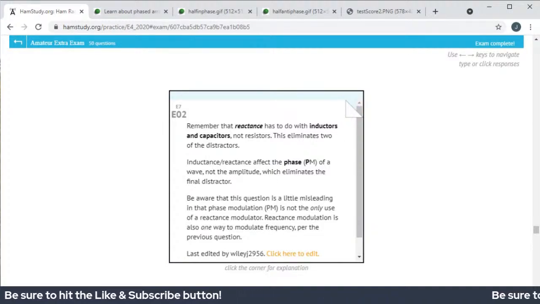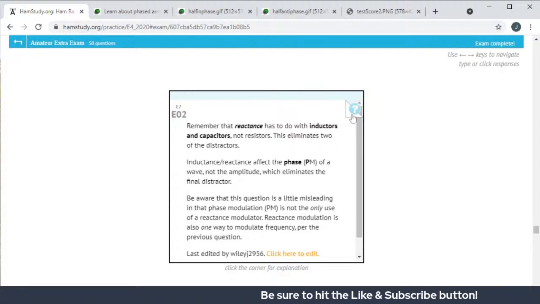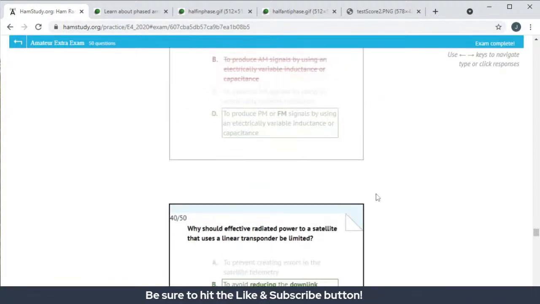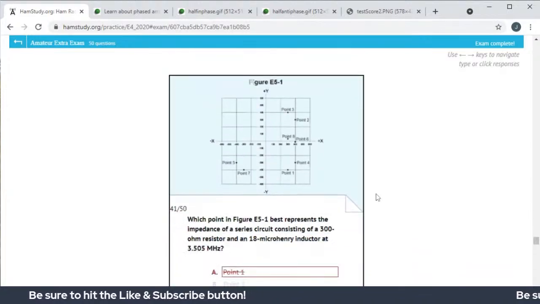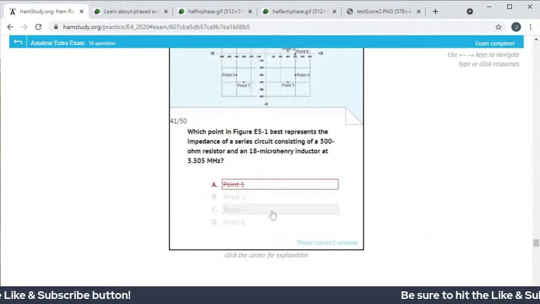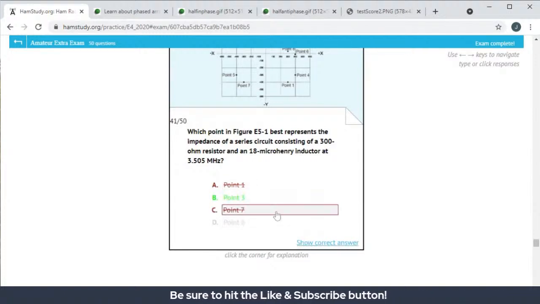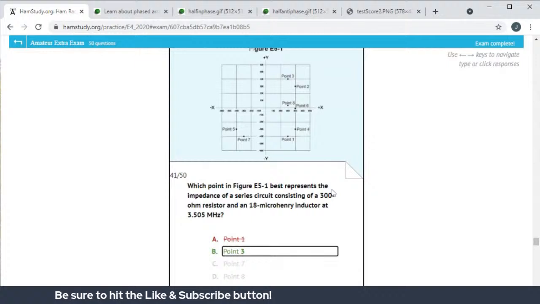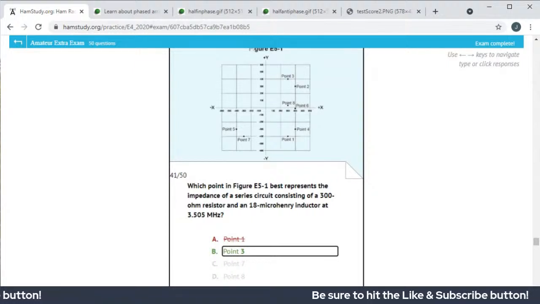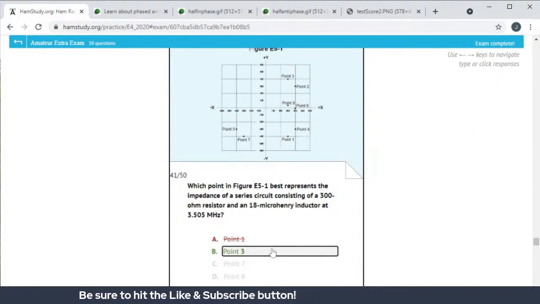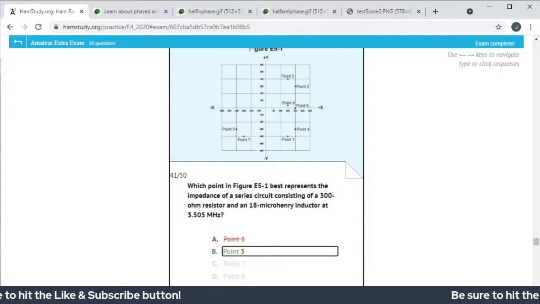Reactance affects the phase of a wave, not the amplitude. So it was the other one. So inductors are positive, capacitors are negative.